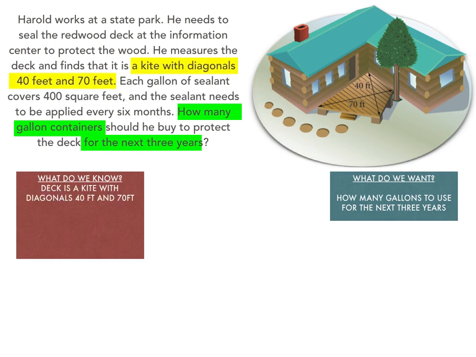Well, we know that the deck is a kite and its diagonals are 40 feet by 70 feet. We also know that 1 gallon of sealant covers 400 square feet, and we need to reapply every 6 months. So it'll be your job to figure out how to get to what you want given what you know. And we'll talk about the answer in class.